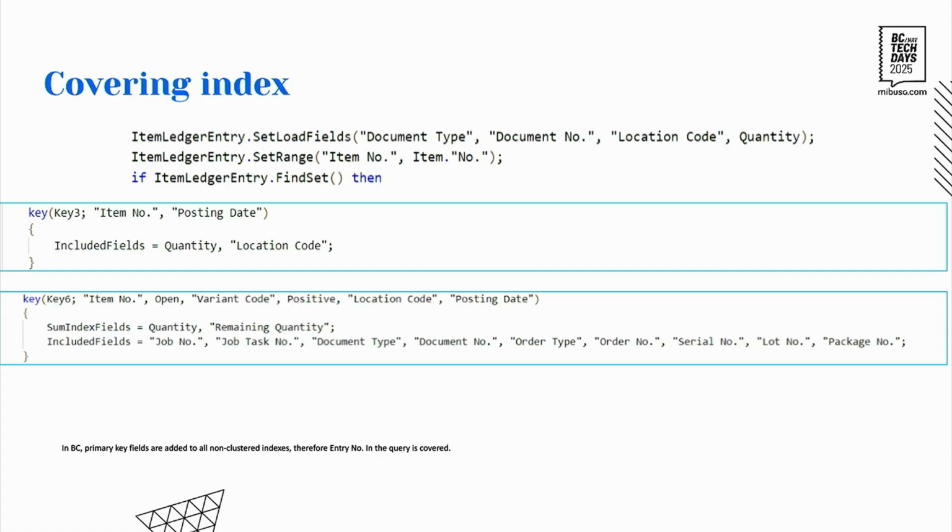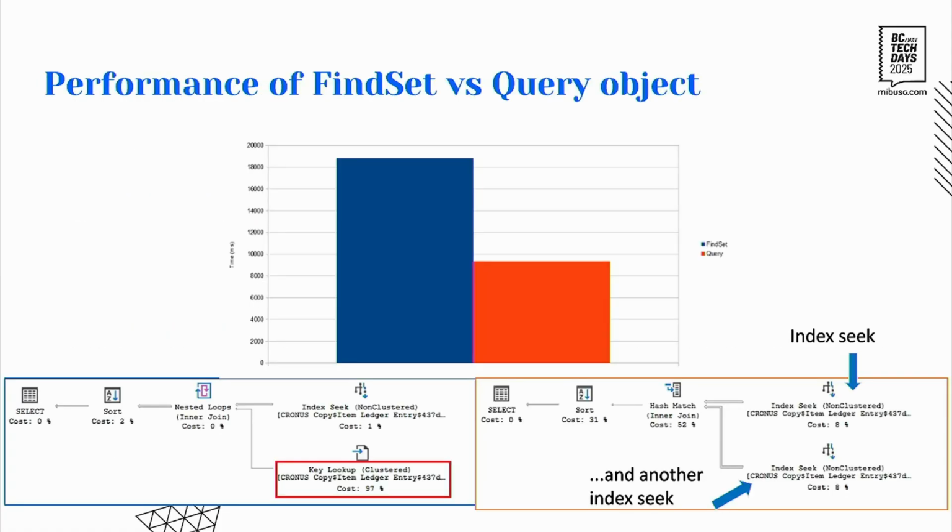How will it work? Well, not bad actually. Same situation, similar. When I run FindSet, the database engine still has to do a lookup into the clustered index to retrieve the data. If I replace it with a query object, well, of course now I have two separate indexes, because there is no single index that can provide all the data that I need.